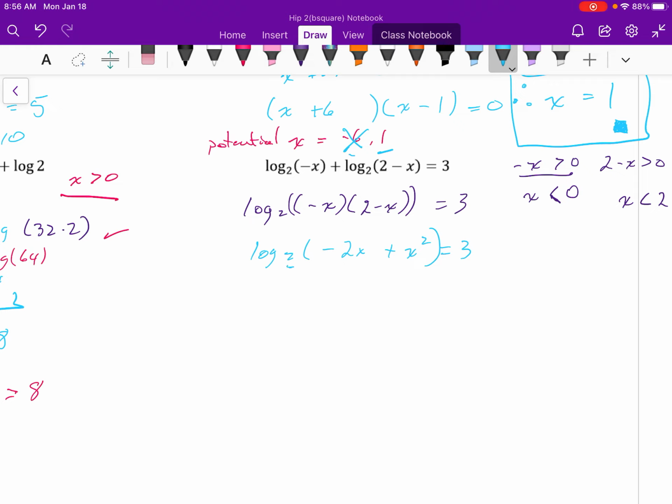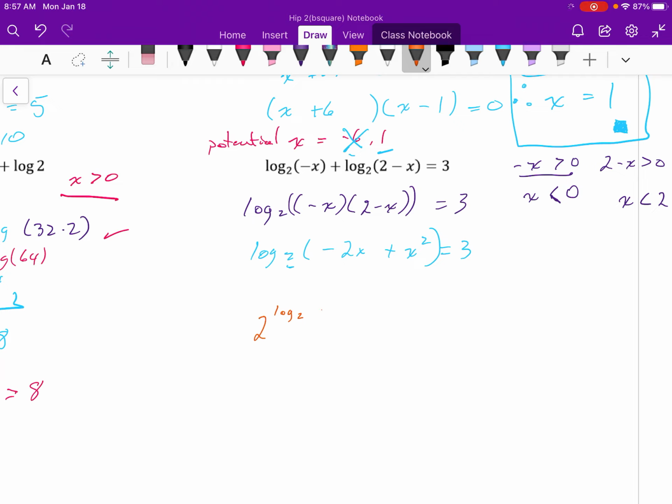Now, notice how this differs from previous examples. In previous examples, both sides had the same base for logarithms. Here, 3 is not a logarithm. So when we run into this situation where a constant is equal to one side, what do we do? We write both sides as the exponent.